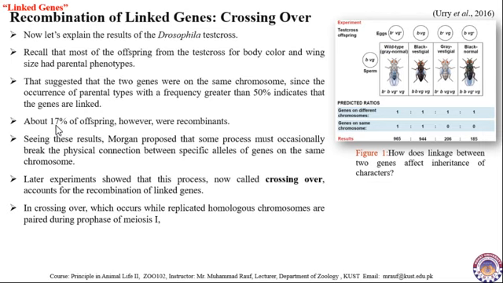If the recombination frequency is lower, then it means the genes are located closer to each other, and the distance between them is minimum. So these values matter.